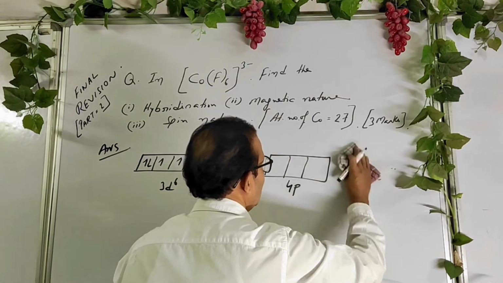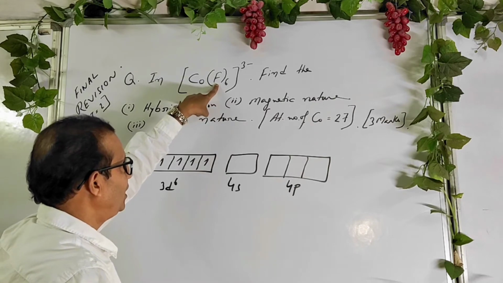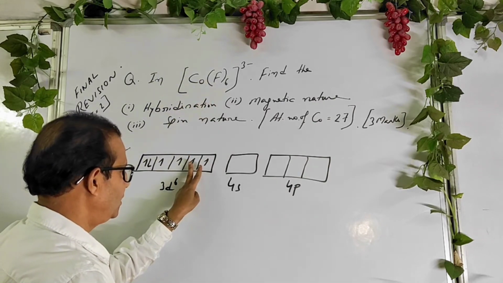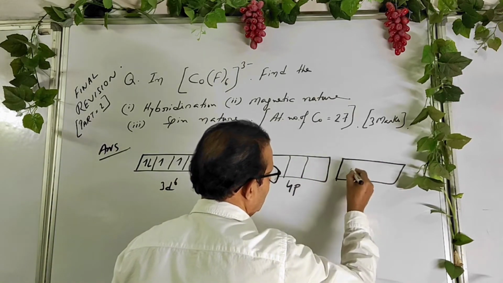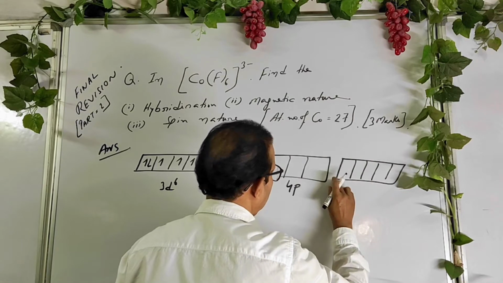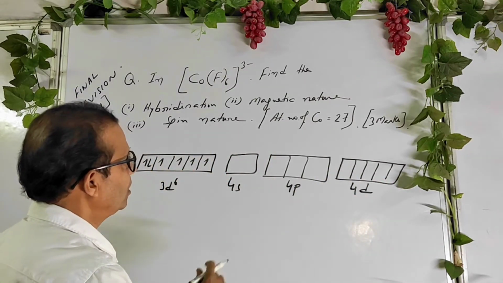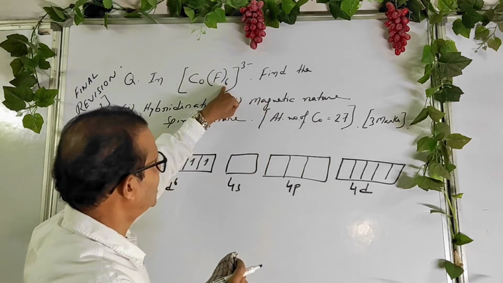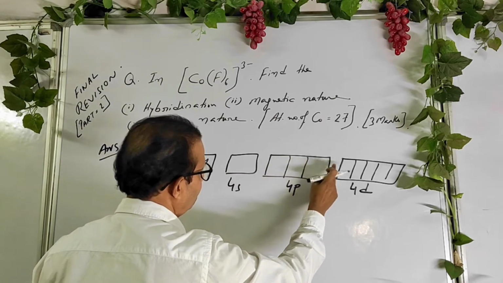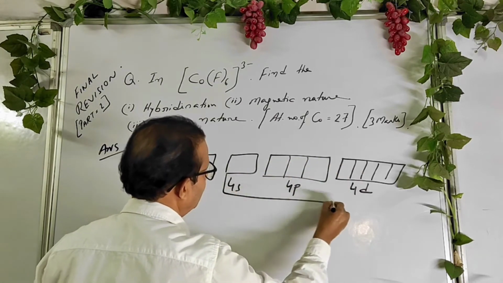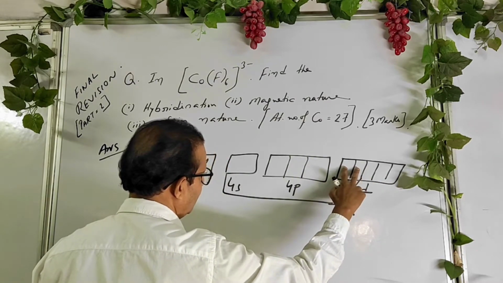That's why fluoride, being a weak field ligand, cannot vacate the 3d orbital. So the 4d orbital is used here for hybridization. So we need 6 hybrid orbitals, 1, 2, 3, 4, 5, 6. So we need only 2 d orbitals, only 2 out of the 5 d orbitals.